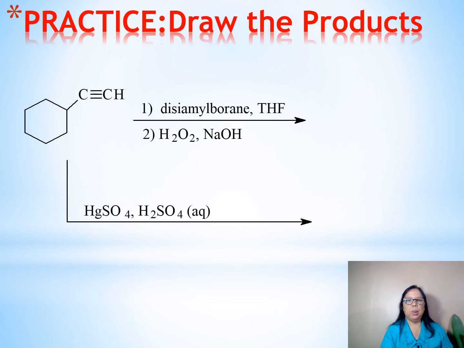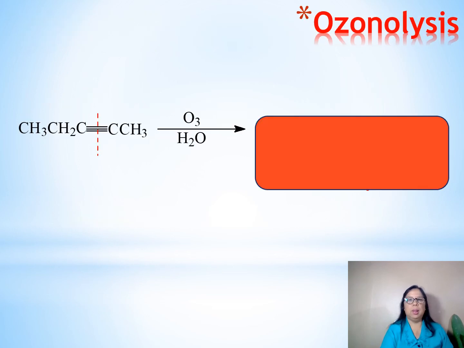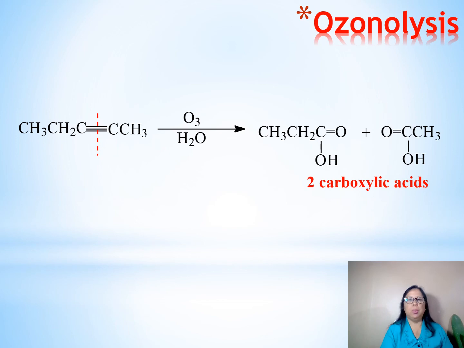So you could have this as an exercise to determine what is the product. And then this is also another form of exercise. What if ozone is added? What will be the product here?